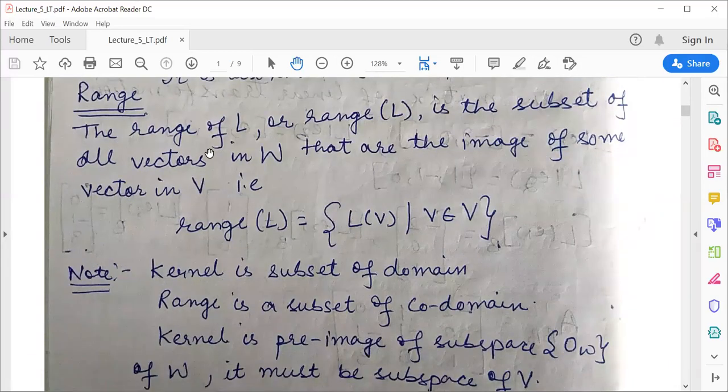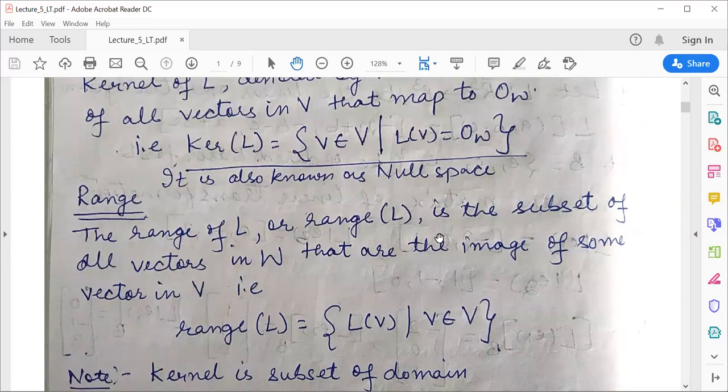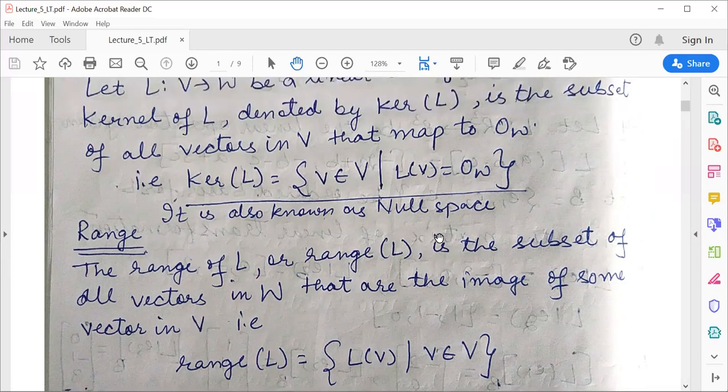Second is the range. The range of L is a subset of all the vectors in W that are the image of some vectors in V. It means the range of L consists of all the elements L(v) such that v belongs to capital V. Here, as you know, we define a linear transformation from one vector space to another vector space, right?